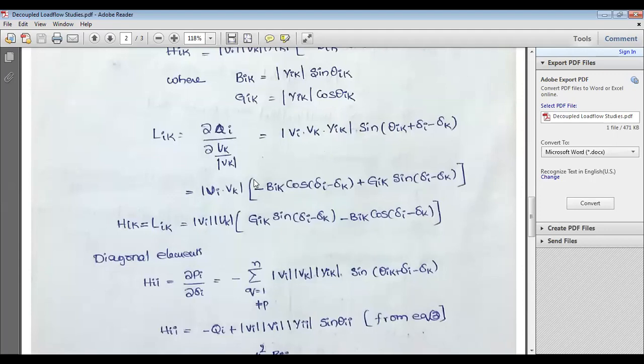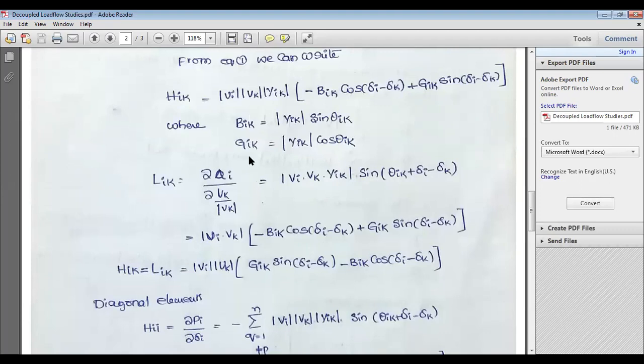Now if you want to compare hik and lik, now you see here, hik lik is equal to vik, this one. Please take a look at this. Here I forgot to take this into account.